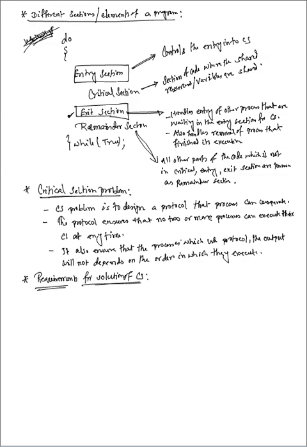That's why the solution, whatever requirements we give for it, must have bounded waiting. So basically there are requirements for any solution of the critical section problem: it should follow mutual exclusion, it should follow progress, and it should follow bounded waiting.